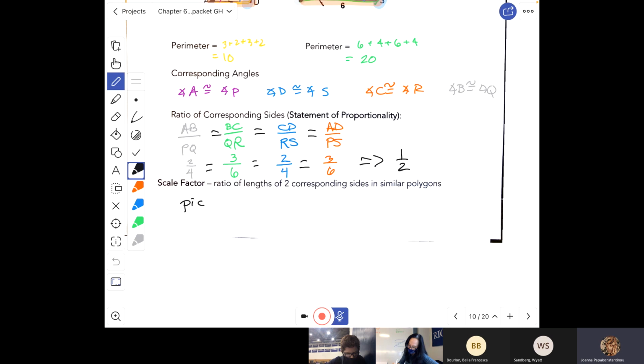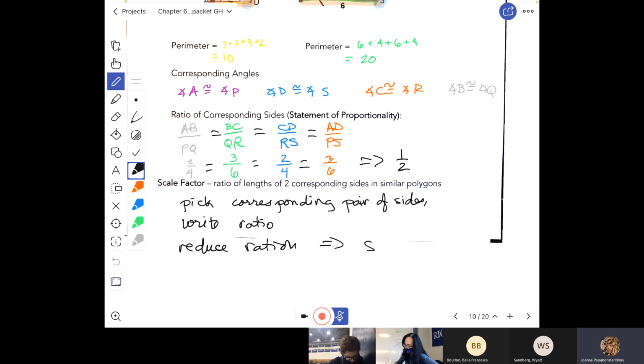So to find the scale factor, you're going to pick a corresponding pair of sides. You're going to write the ratio. You're going to reduce the ratio.